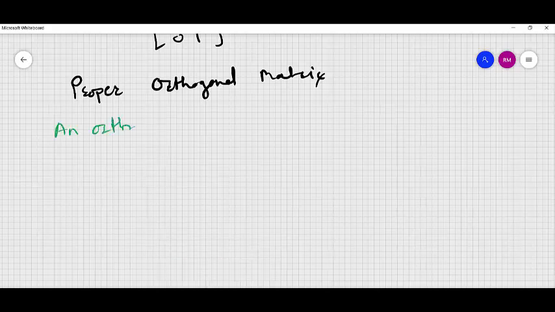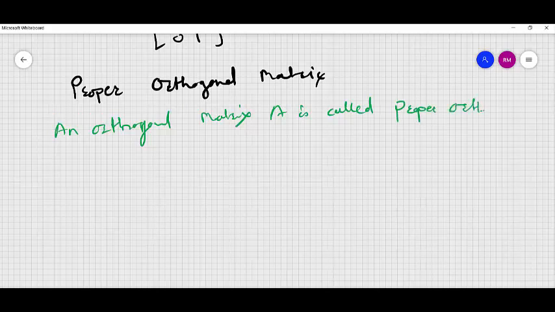This is definition. An orthogonal matrix A is called proper orthogonal matrix if determinant of A equal to 1.